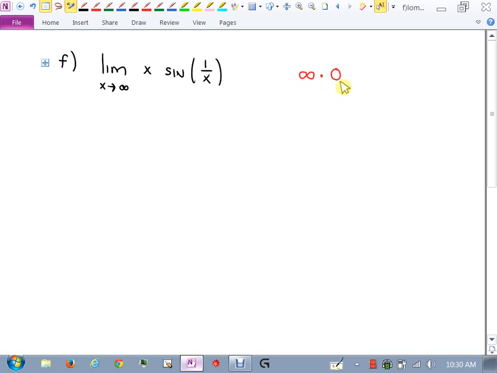Now, whenever we have infinity times 0 or 0 times infinity, we always do the same thing. We grab one of them and we drop it into the denominator. In other words, we write its reciprocal on the bottom. So I always like to grab the one that looks nicer, like x, and I'm going to put it on the bottom. We don't need to tell anyone that we're doing this, like represent it somehow with a symbol.